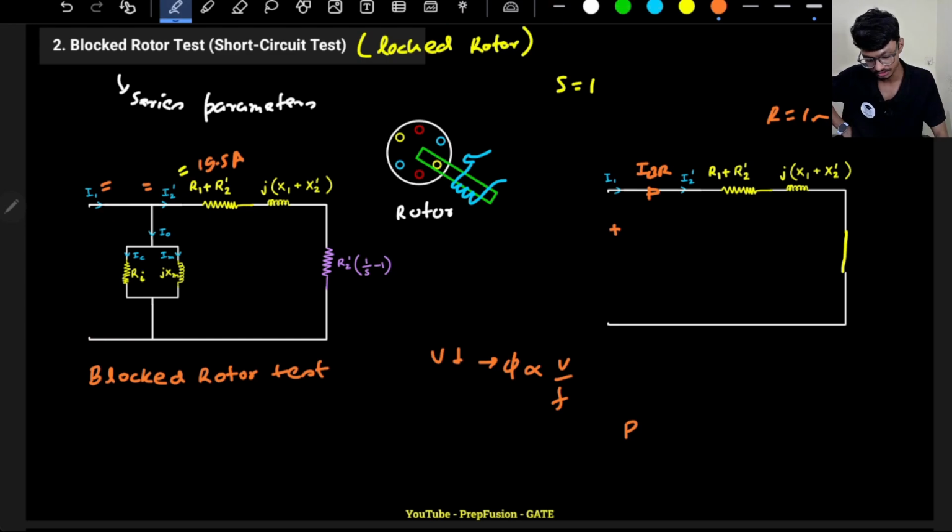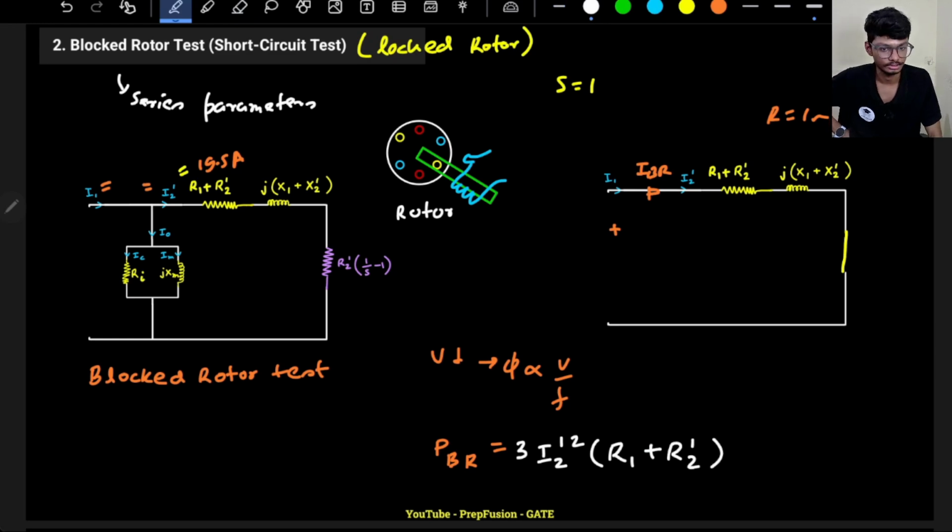So I can say the power of the blocked rotor test will be 3 I2 dash whole square into R1 plus R2 dash. Okay, so this will be the overall copper loss of the winding.